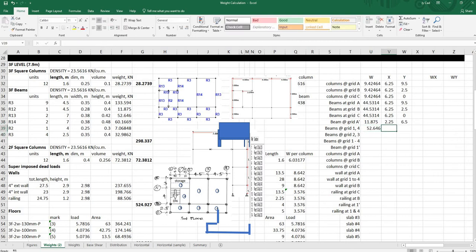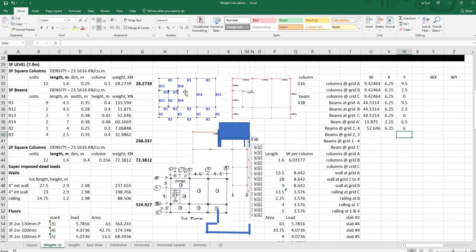Ang x coordinate niya would be, syempre, nasa gitna. So that is 6.25. Pero ang y niya, syempre, nasa gitna nung 7 meters. Plus 2.5. So that is 3.5 plus 2.5. Which will give us 6. Now, dito na tayo sa beams at grid 2 and 3.